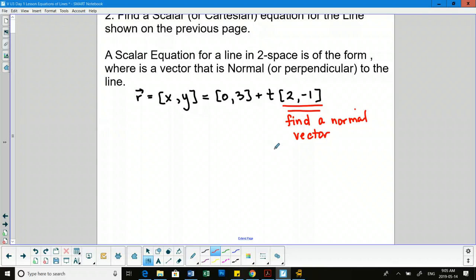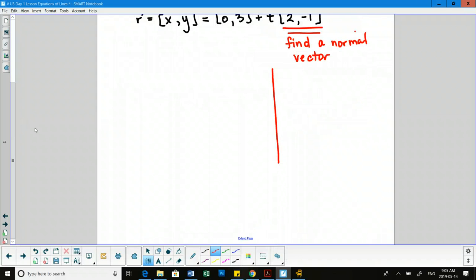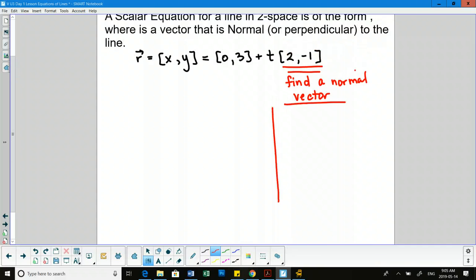So here's a little trick that you can do. I'm just going to do it over on this side. You can actually take your direction vector, okay? And the quickest way that you can find a normal, I mean, you can choose things where you set the dot product equal to 0 and then solve.